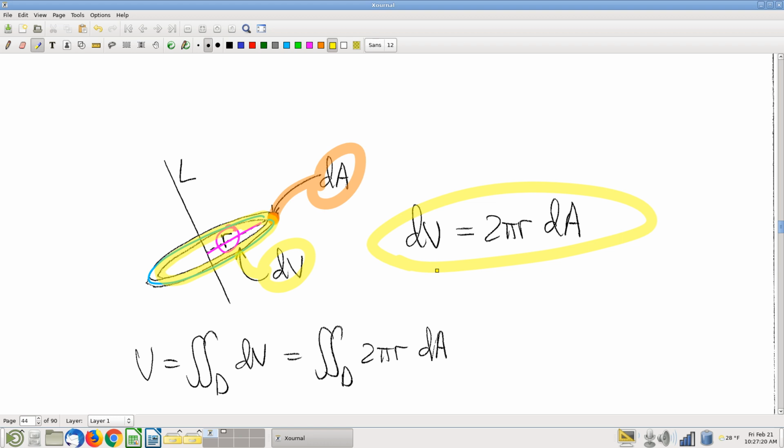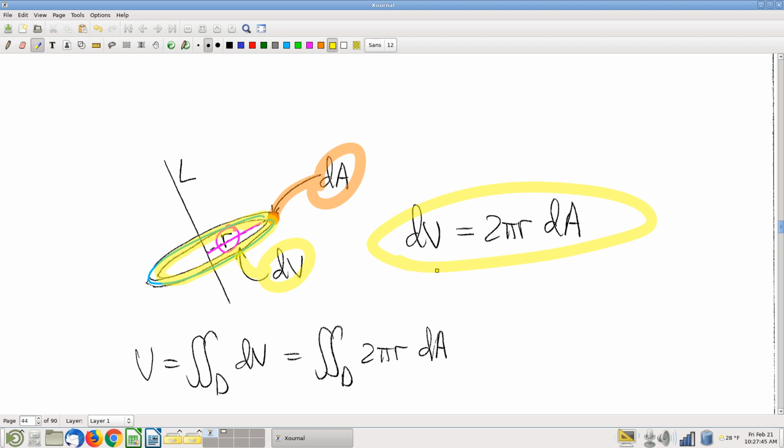Now, y'all may have seen arguments like this before, but it's sort of like an onion ring. Imagine that you tear an onion ring and then straighten it out. It's going to turn into a long, skinny rectangular box. Maybe it's easier to think of it as an unstretched rubber band.